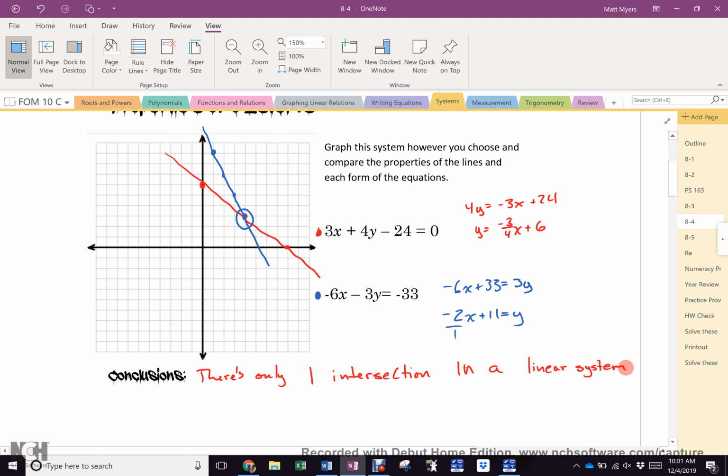And what is it that makes that possible? Different slopes allow for that intersection. Everybody cool?